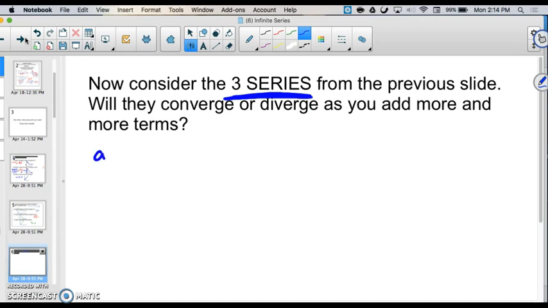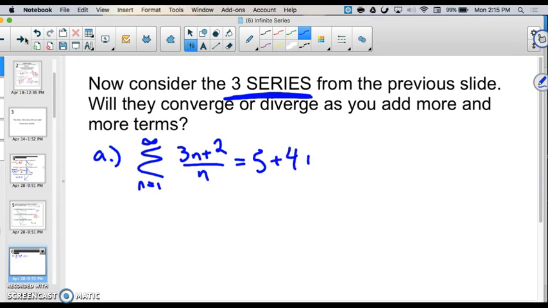So for A, if we took the summation from n equals 1 to infinity of that (3n plus 2) over n, if we started plugging in numbers for n, so we start with 1 and get 5, then plug in 2 and get 4, plug in 3, plug in 4, etc. Keep adding.